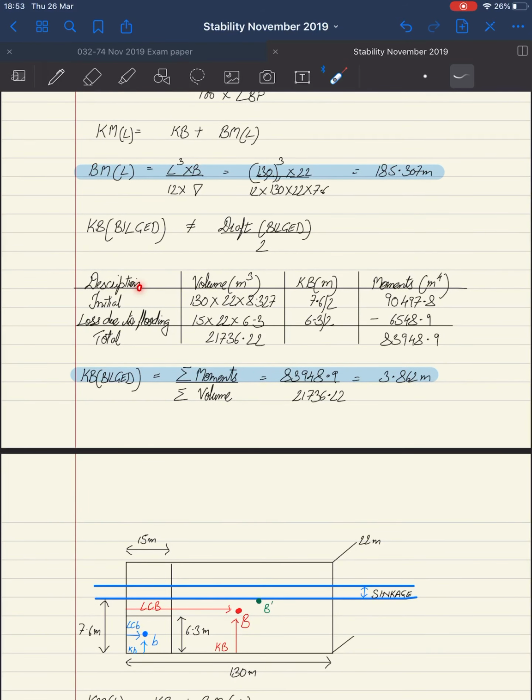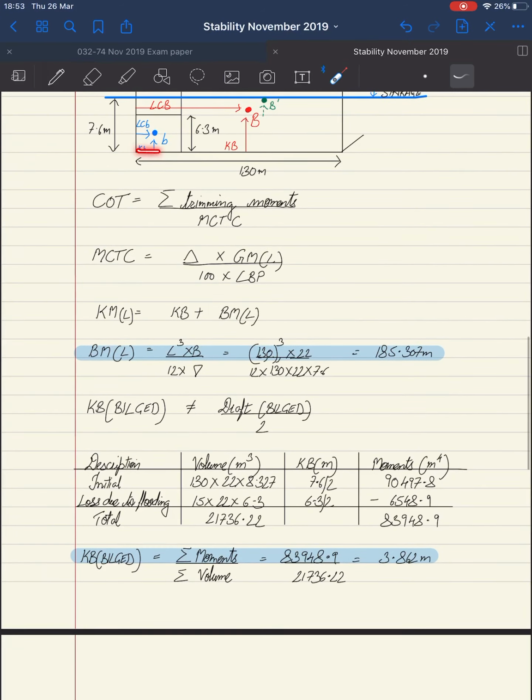Again, the table is with description, volume in meter cube, KB in meters, and moments. The initial volume is 130 multiplied by 22 multiplied by 8.327. So this is the length, this is the breadth, and this is the bilge draft of the vessel.